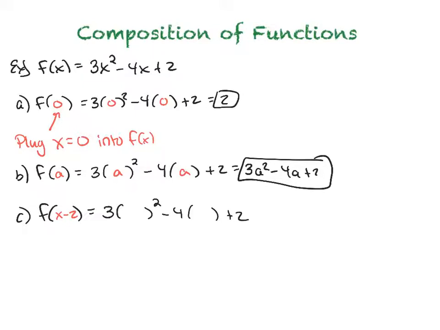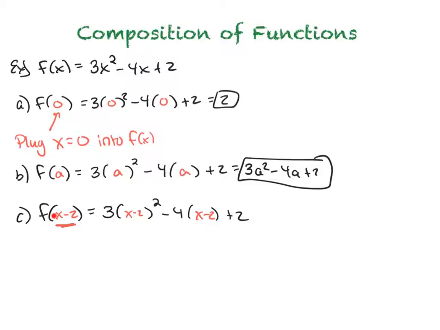So 3 parentheses squared minus 4 parentheses plus 2, and into those parentheses I'm now going to put that x minus 2 instead. So I have 3 times the quantity x minus 2 squared minus 4 times the quantity x minus 2 plus 2.